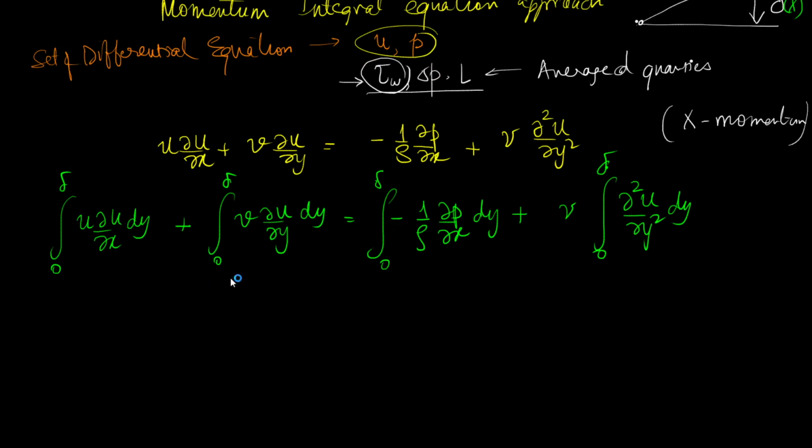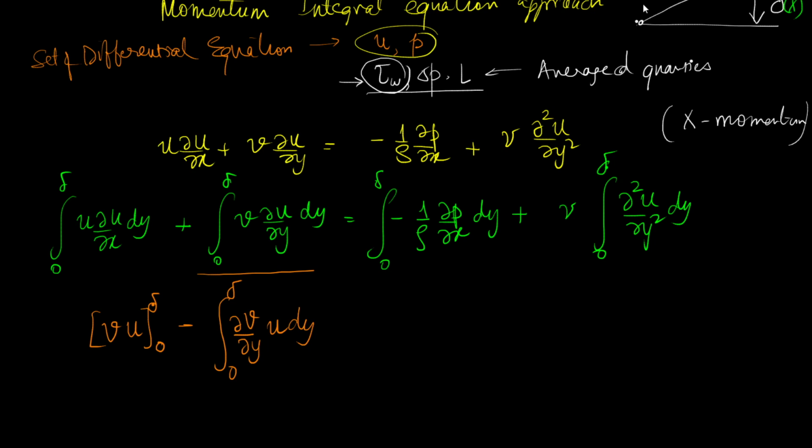Let us simplify the second term. It becomes v u evaluated at 0 and delta, minus integral del v del y u dy from 0 to delta.